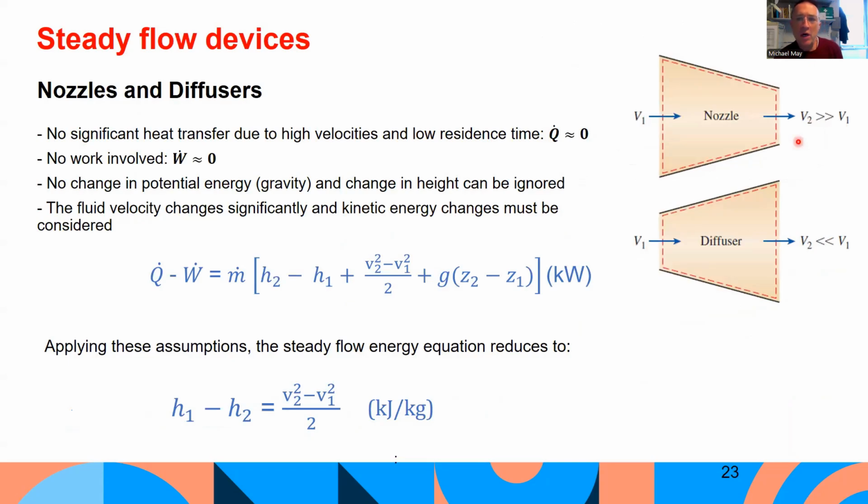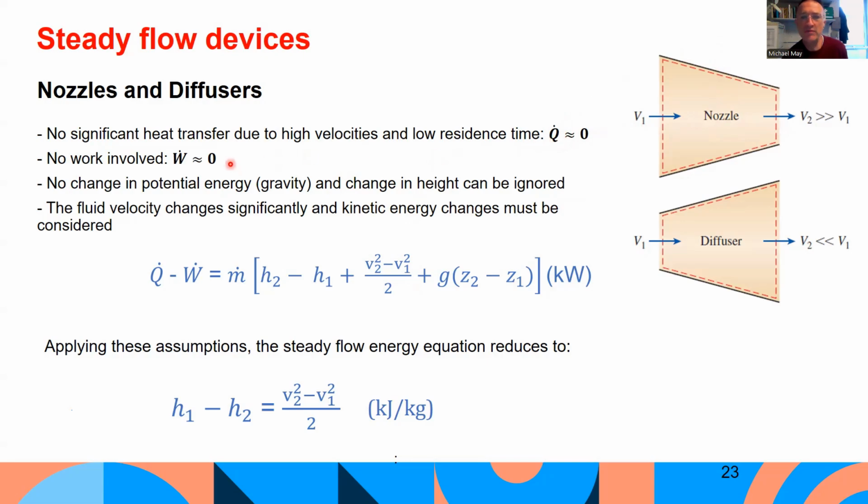So with nozzles and diffusers, we look at the steady flow energy equation. There's no significant heat transfer. The fluid, or the exhaust gases, will go through here very quickly, so there's no heat exchanged with the environment as such, no heat transfer loss to the environment. So the heat transfer rate is small or negligible.